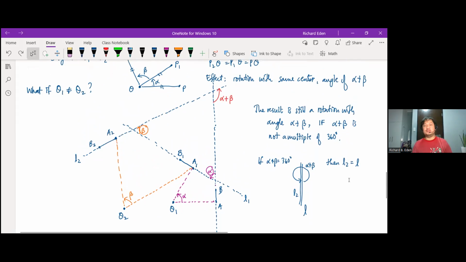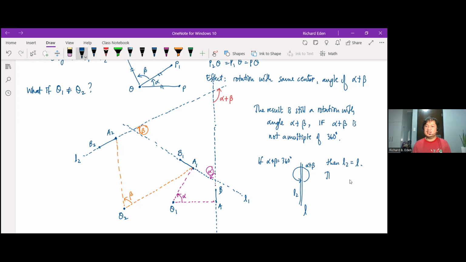We have to distinguish between a half turn, a 180-degree turn, versus a 360-degree turn. If we do a half turn, 180 degrees, say here is AB, when we do a half turn, the orientation gets reversed. But when the angle is 360 degrees, then you do another half turn, what you would get is a translation.